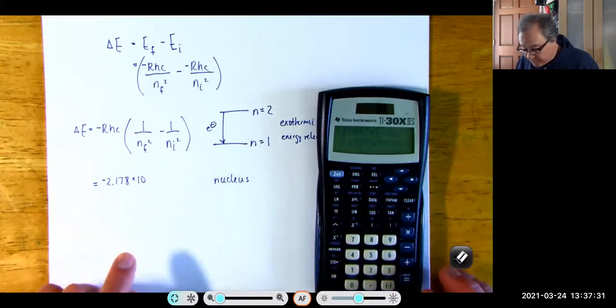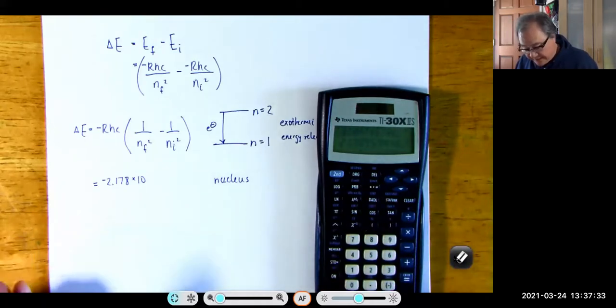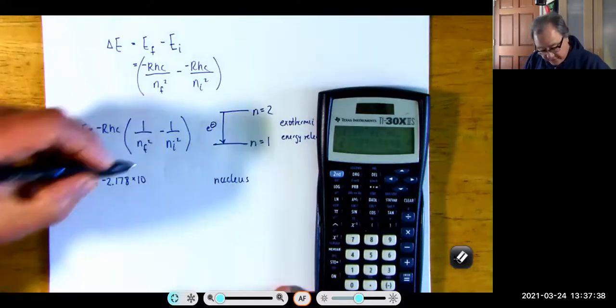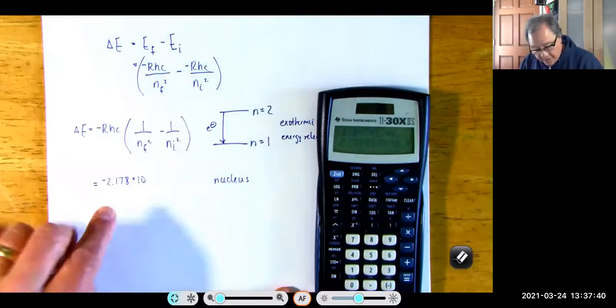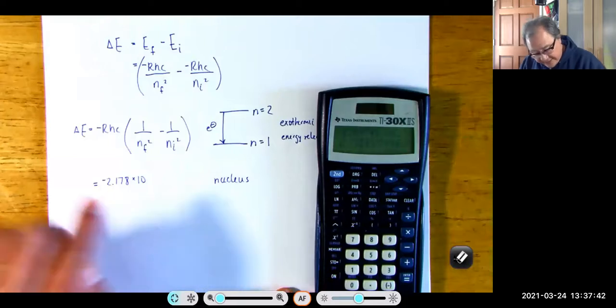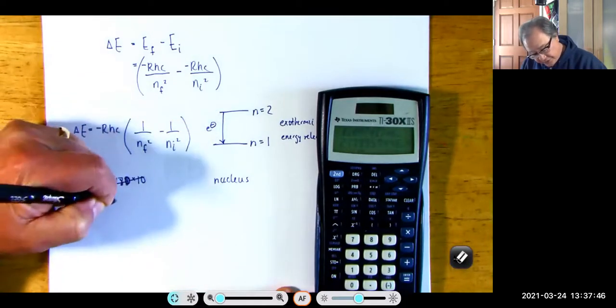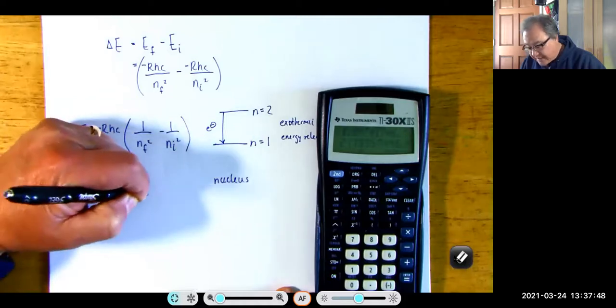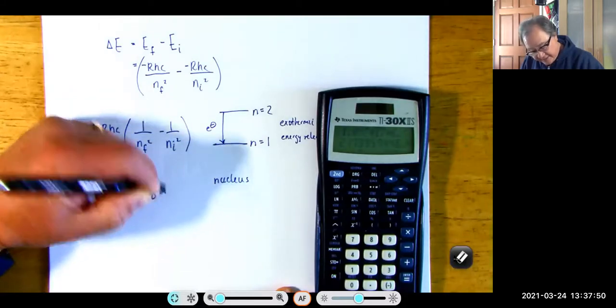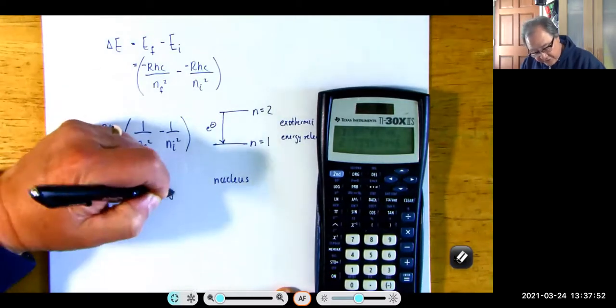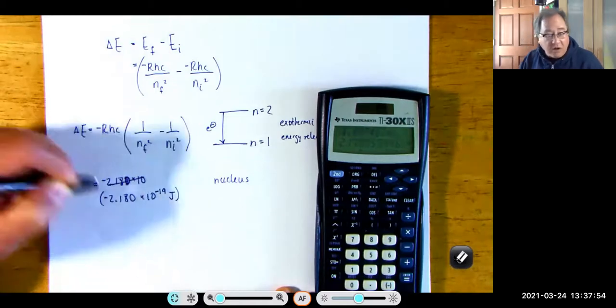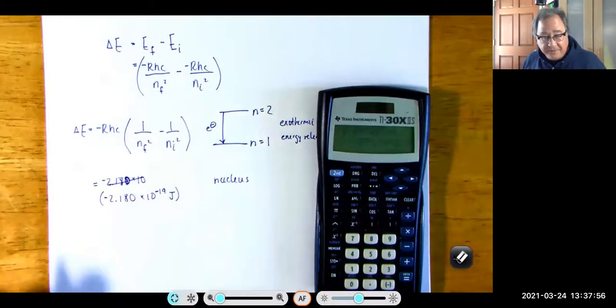Okay, it's 1.0974 times 10 to the 8, I think, for Rydberg's constant. So you get negative 2.180 times 10 to the minus 19. So I was pretty close. And the units are going to be joules when you look at all of that stuff multiplied together.